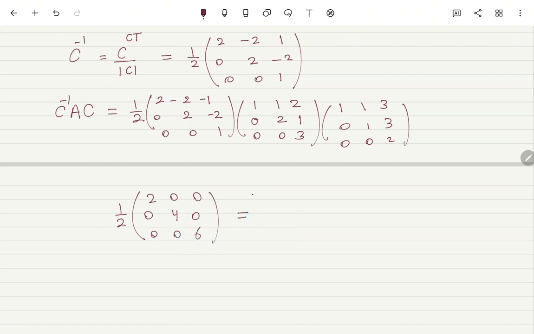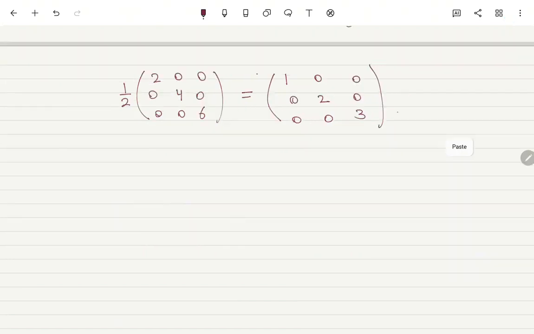If we pick 2 as a common factor and cancel it with the half, the answer will be 1, 0, 0, 0, 2, 0, 0, 0, 3, which is the same result as obtained in the previous example.